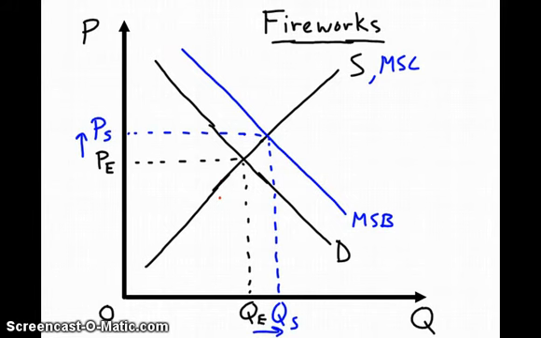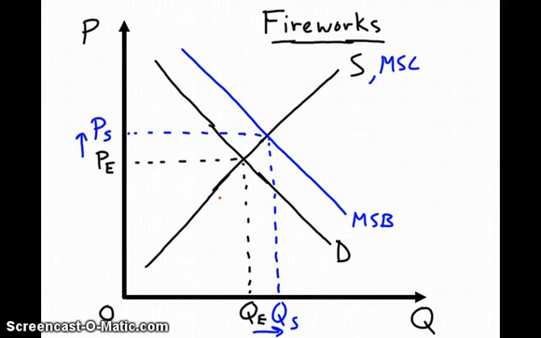So to answer the question, is the market equilibrium quantity of fireworks greater than, less than, or equal to the socially optimal quantity? The private market's equilibrium quantity would be less than the socially optimal quantity.